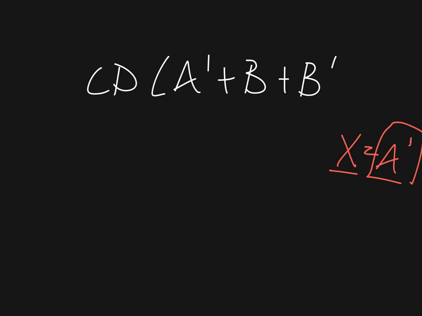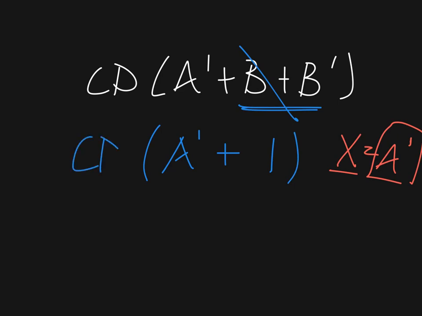Be wary of the way that De Morgan's rules work and don't confuse that. So let's have a look at what we have here. What I notice is I've got B or not B. And if you remember your rules, that simply collapses to a 1. So we end up with (A' plus 1) times CD.